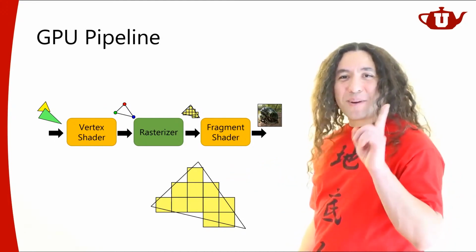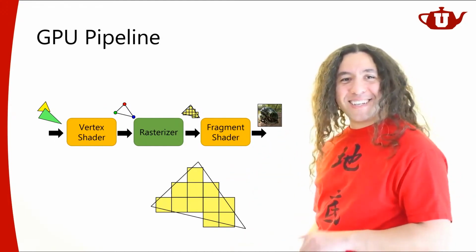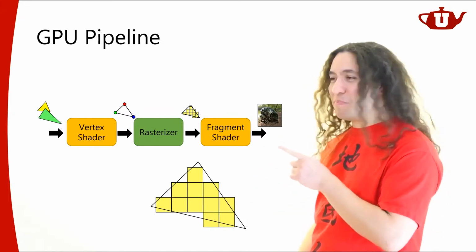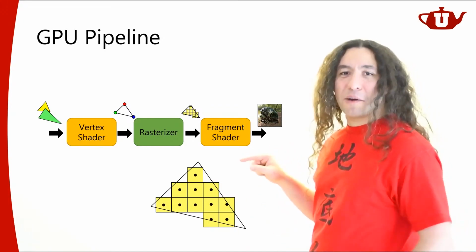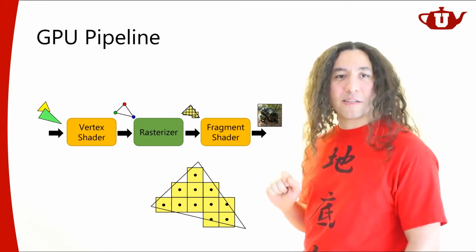So when we think about a pixel, remember we talked about this, pixels are not little squares? We talked about this, right? So think about a pixel as like a sample of an image. So what the GPU will actually do is it will look at the centers of these pixels, like center points of these pixels.